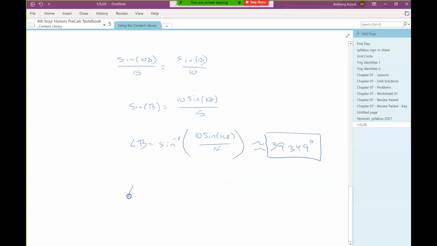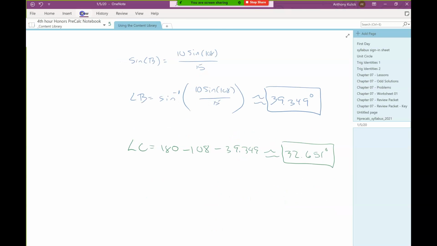Now that I have that, I can find angle C quite easily. And now that I know angle C, I can find side C by doing the law of sines again.